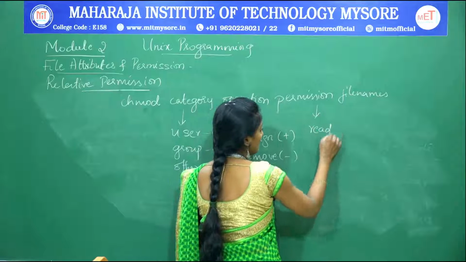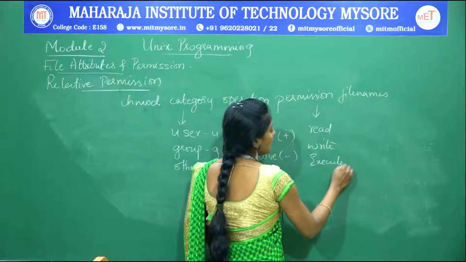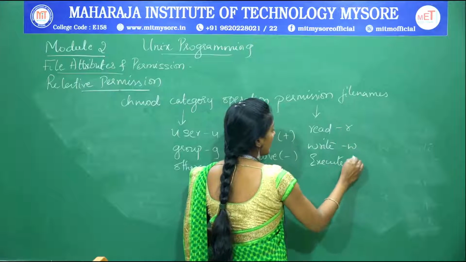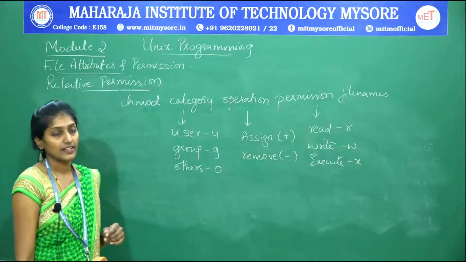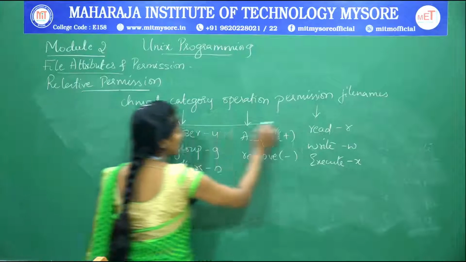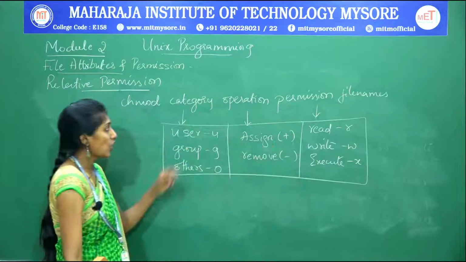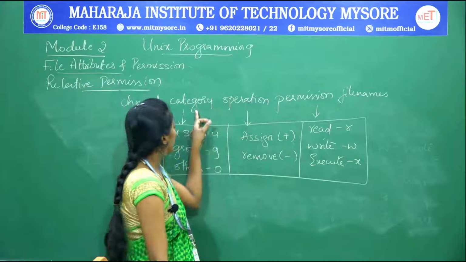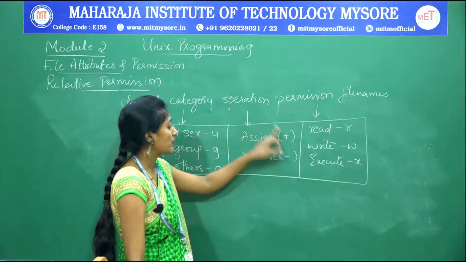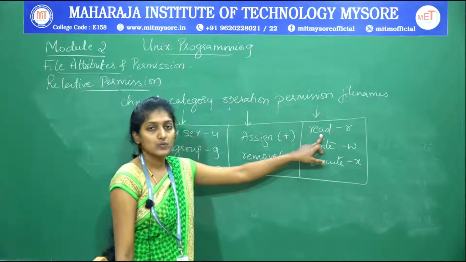R is read, W is write and X is execute. And the last one is the file name. So these are the abbreviations for the 3 arguments of chmod: category, operation and permission.